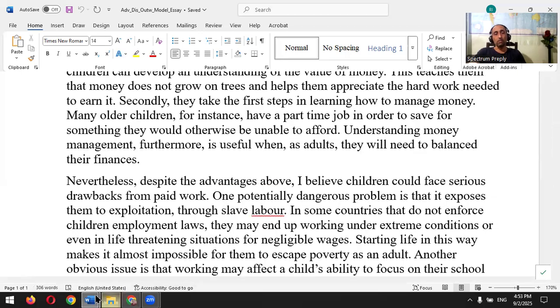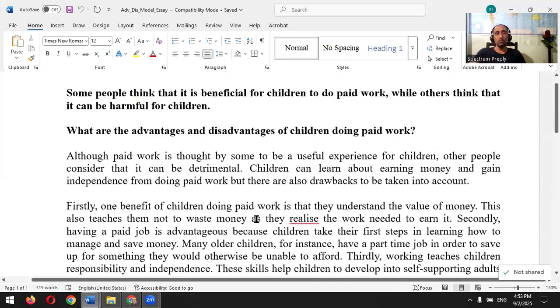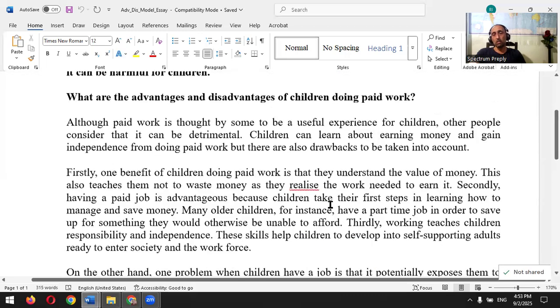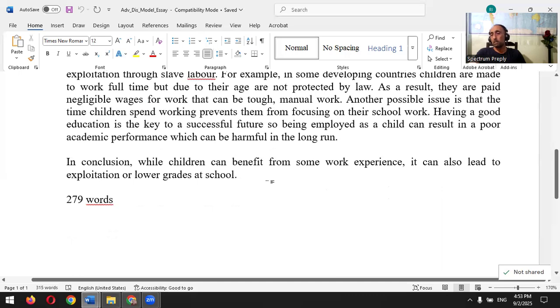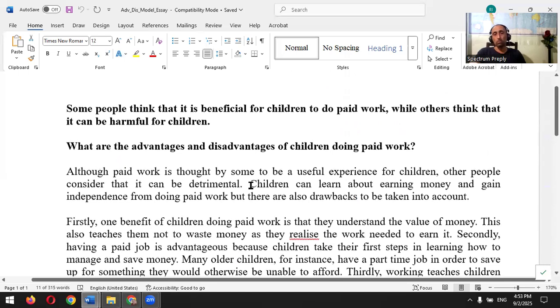Now the conclusions of both types of essays. In the conclusion of the plain advantage-disadvantage essay without opinion, we refer to the advantages and write the disadvantages, as opposed to the introduction, in which we wrote the advantages and referred to the disadvantages, like earning money, getting independence.